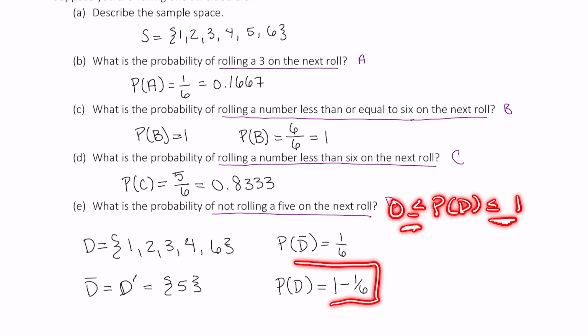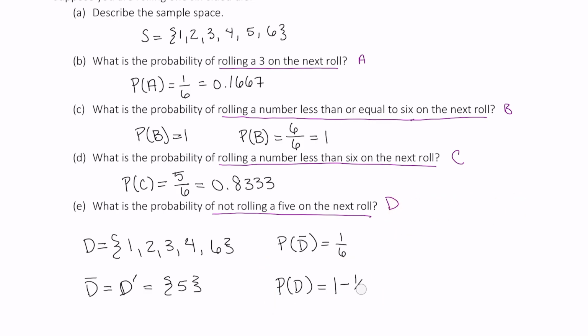And this is how we can use this fact to get a probability using its complement. And actually, I should write a little bit more probability notation here. So this is 1 minus 1 out of 6, which is 5 over 6. And that's also 0.8333.